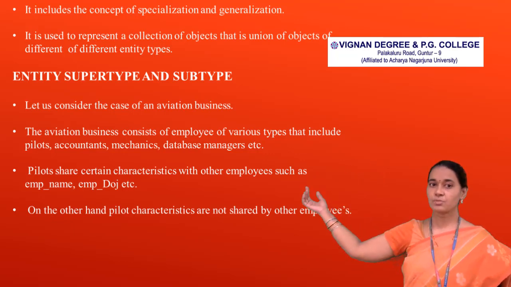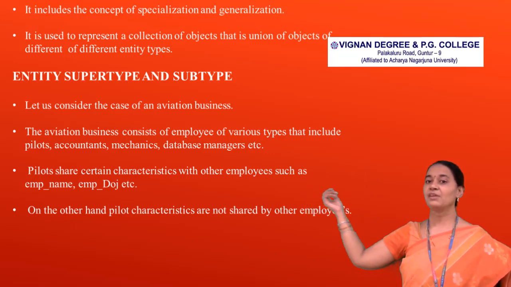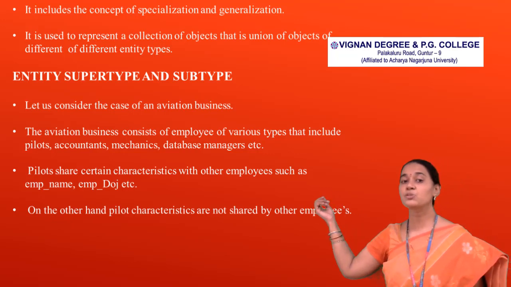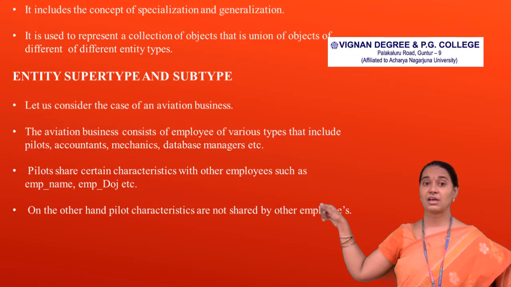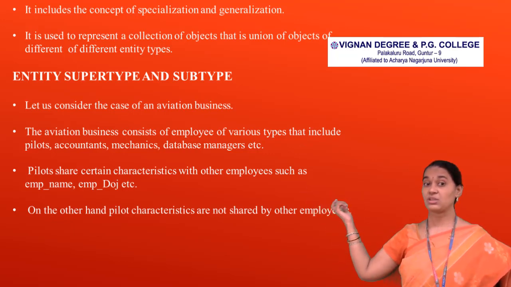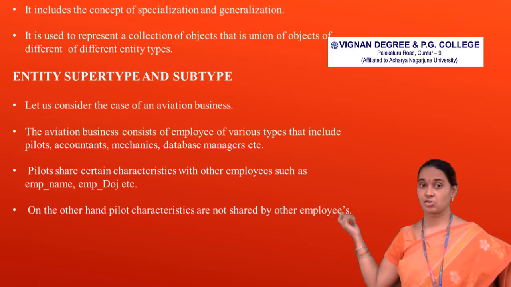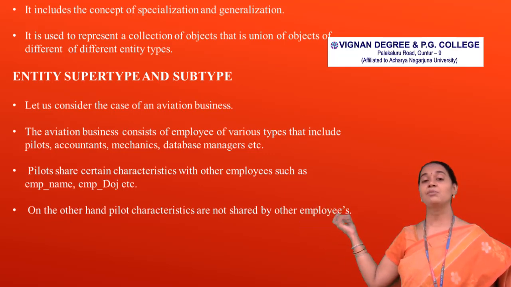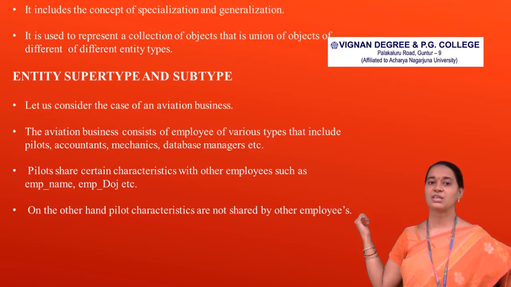Now coming to the pilots. Pilots have certain special characteristics when compared with the other employees, but they also share some characteristics with the other employees, which include employee name, employee date of joining, etc. Employee name and date of joining will be the same for pilots, accountants, mechanics, and also database managers.